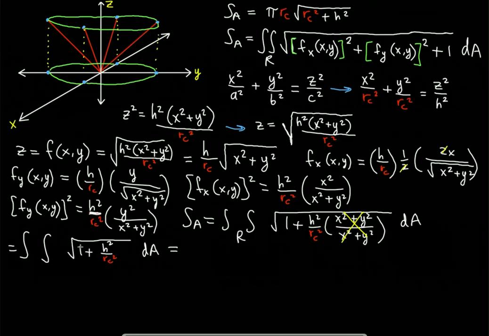Right? Because you multiply the 1 with the rc squared divided by rc squared, that becomes rc squared over rc squared, right? That's equal to 1. So basically what we're going to have is rc squared plus h squared over rc squared.